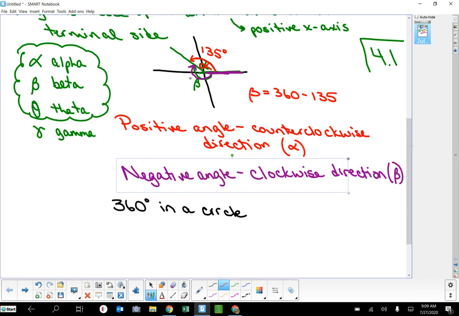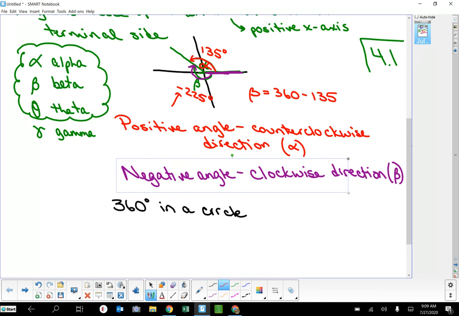So this guy would be a negative 225 degrees. So if you added just the absolute values, 135 and 225, you would get 360. But because of the direction of travel, you need to apply the sign. So that's all that this sign indicates, is direction. Okay. So recall that there's 360 degrees in a circle.